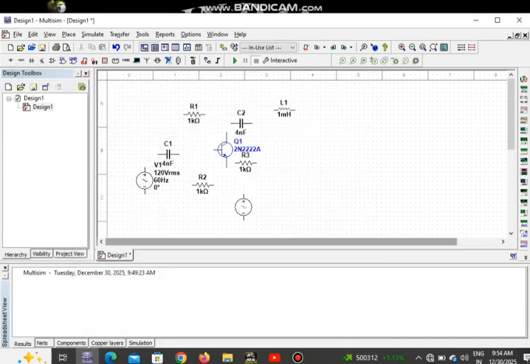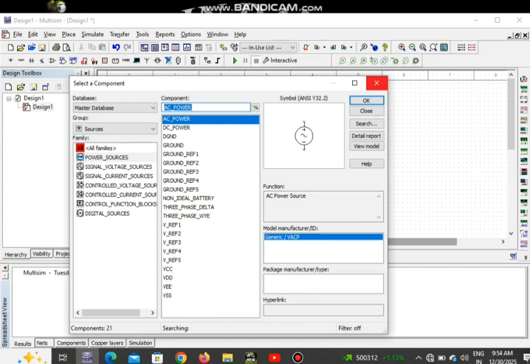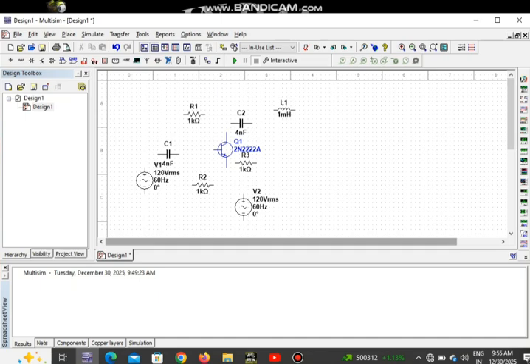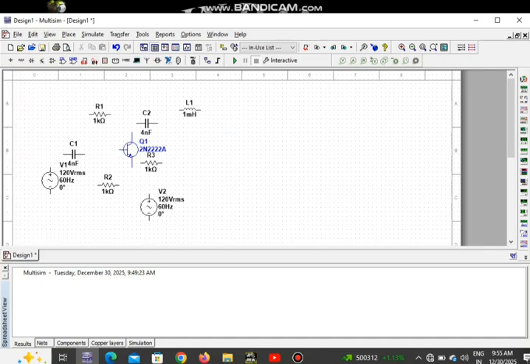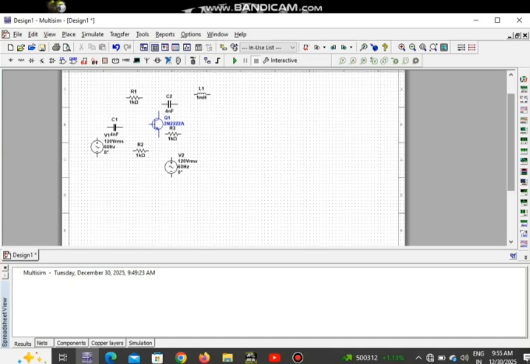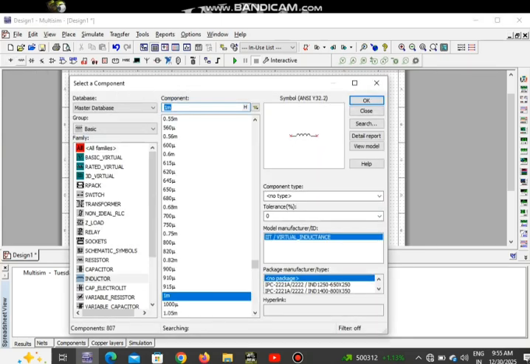Next, AC power supply, second supply. The circuit is too long. Next one, capacitor.